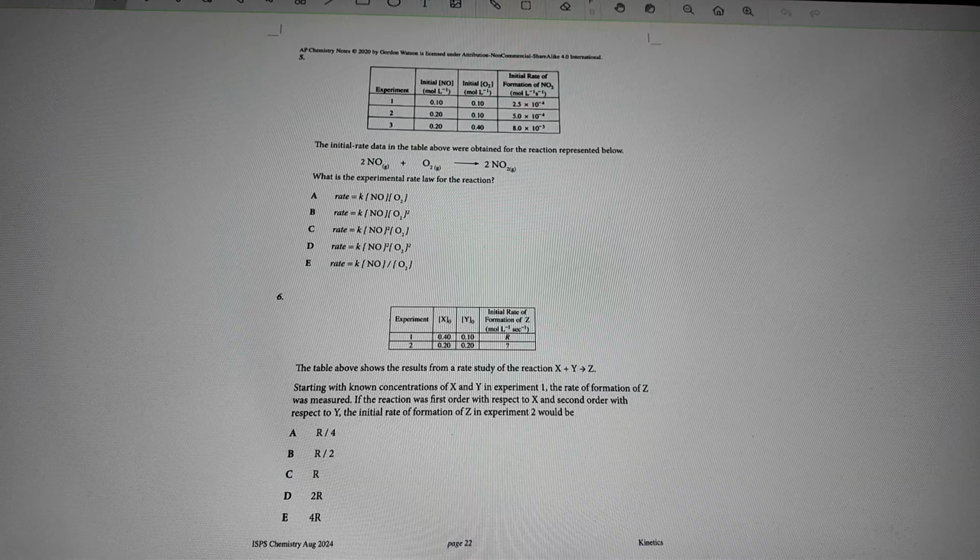Okay, so next question says, has this table. It shows us that we keep O2 the same and we double NO, and that doubles the reaction. And then we keep NO the same, and then we quadruple the O2. Why are we quadrupling the O2?